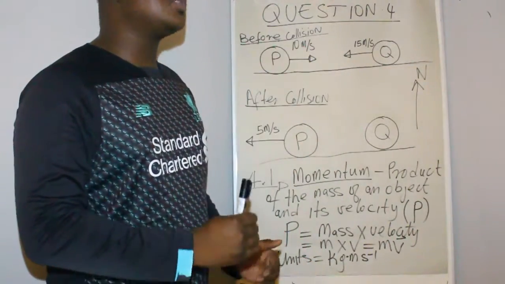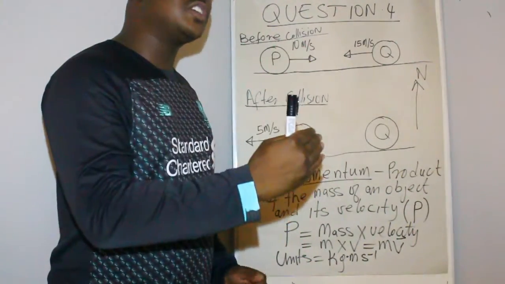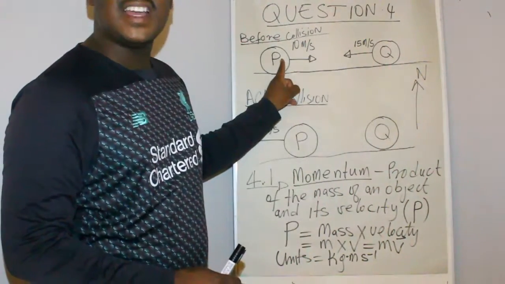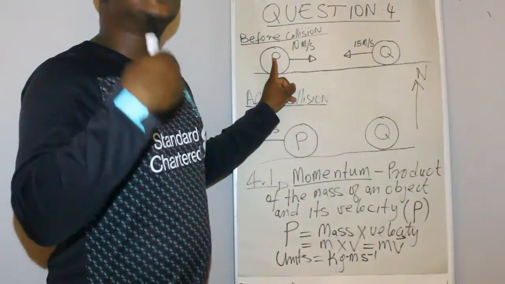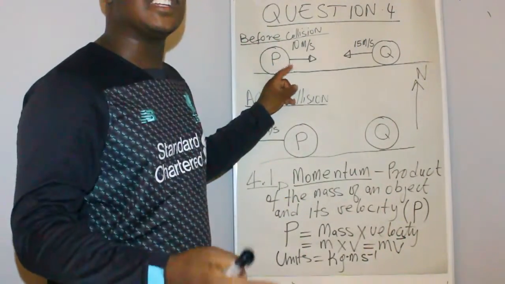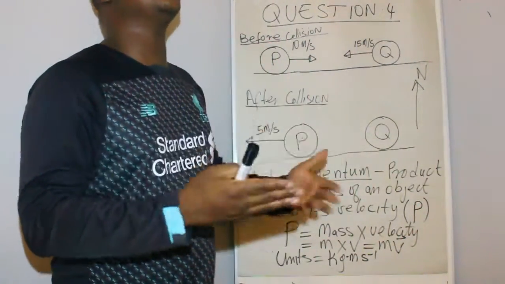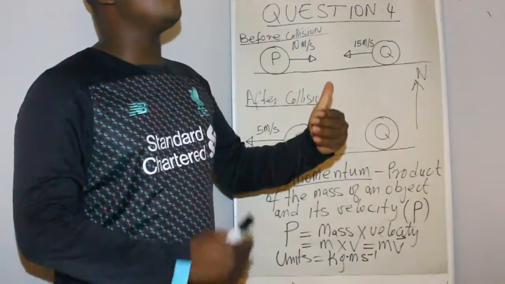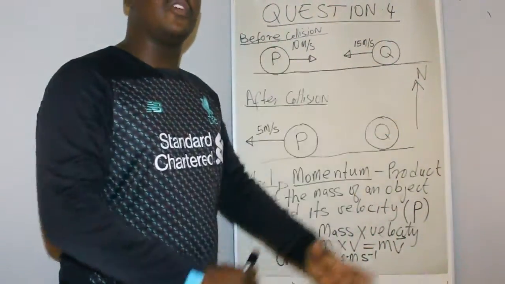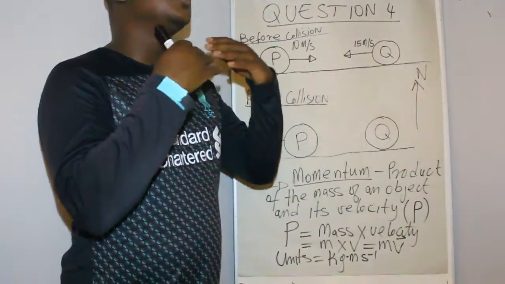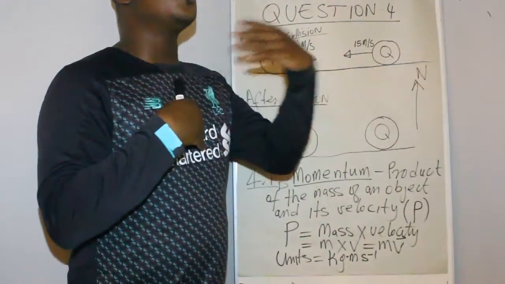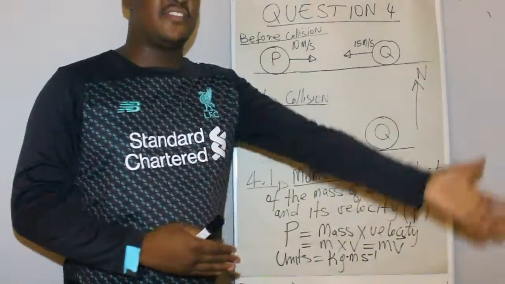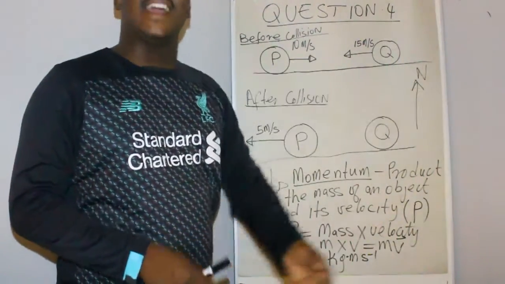It is a vector, which means it has a size, which you get by multiplying the size of your velocity and your mass, and a direction as well. The direction of your momentum is the same as that of your velocity. So if your object is moving to the left, or its velocity is 2 meters per second to the left, then its momentum will be to the left as well, or in this case, to the east.